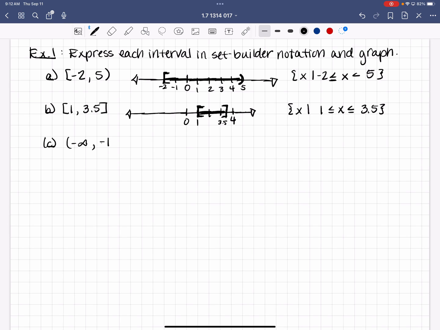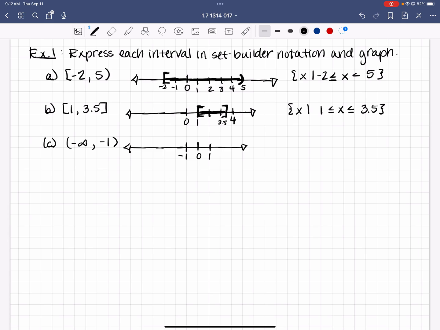I'm going to do -infinity to -1. Okay? Here's 0. -1, I'm going to draw a +1, try to confuse you. Okay? What happens at -1? Open or closed?